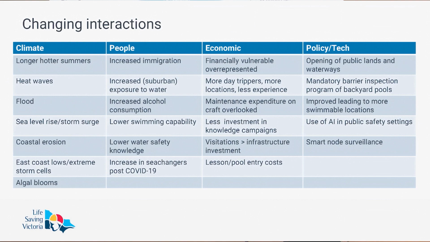Changes in people, so we've had an increase in populations and cultural diversity, so all of the skill sets around those people that are coming to Australia and enjoying what we know and love. And we've also got changes in policies, so things like mandating fences and barricades around swimming pools. So there's some big changes in that space.